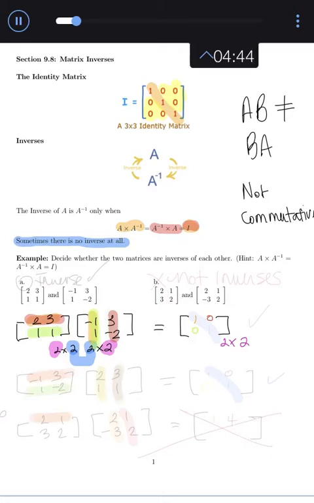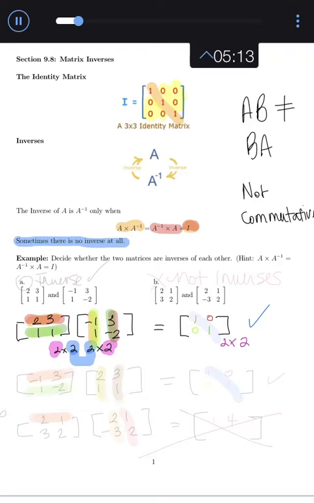Now the second row, second column: 1 times 3 gets us 3, and 1 times -2 gets us -2. Well, 3 and -2 add up to 1. So we do indeed get the identity matrix, at least in that direction. So far, we're halfway there.